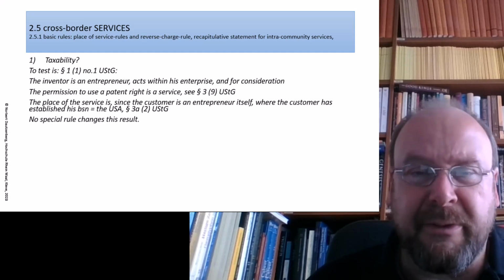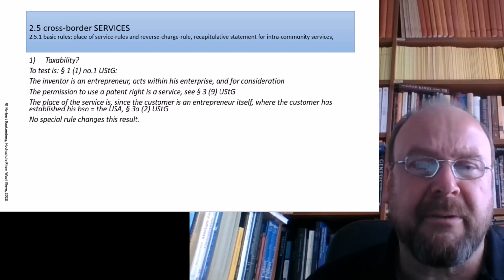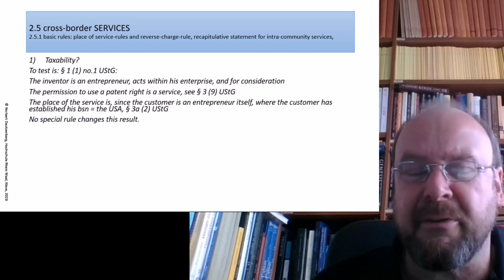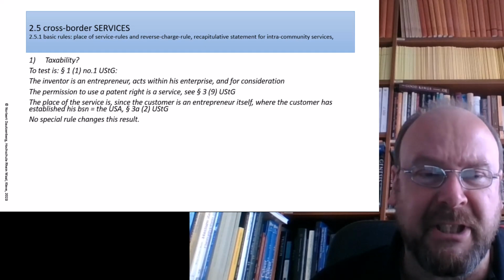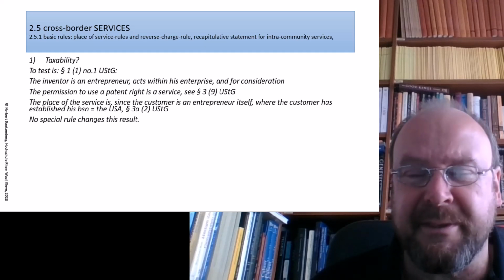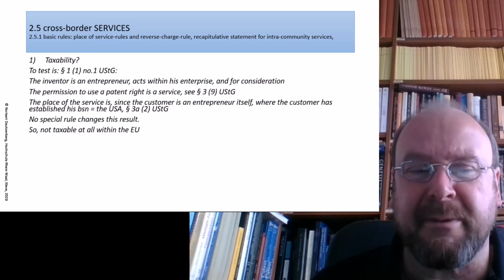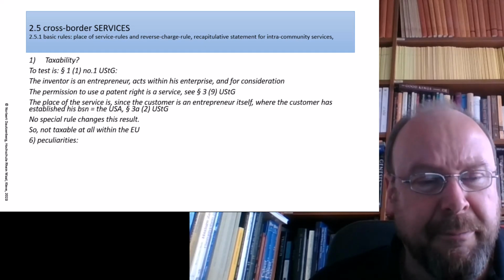If we check 3a, subparagraphs 3, 4, 5, 6, 7, 8, and 3b, and all the other special rules, no special rule changes this result of the general rule with regard to this special case, and that means it's not taxable throughout the whole EU.